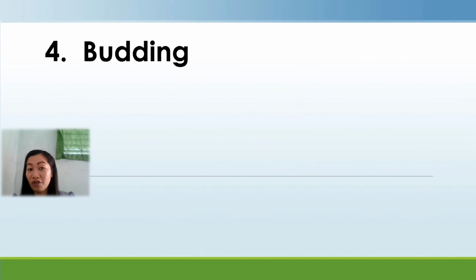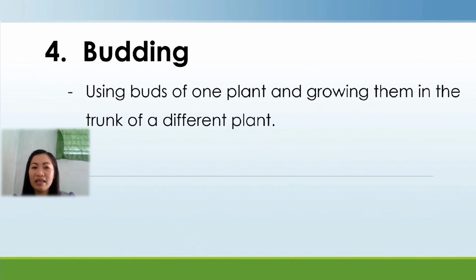So we have the fourth one, the budding. Budding is from the word bud, buds of a plant. It uses the buds of one plant and grows them in the trunk of a different plant.